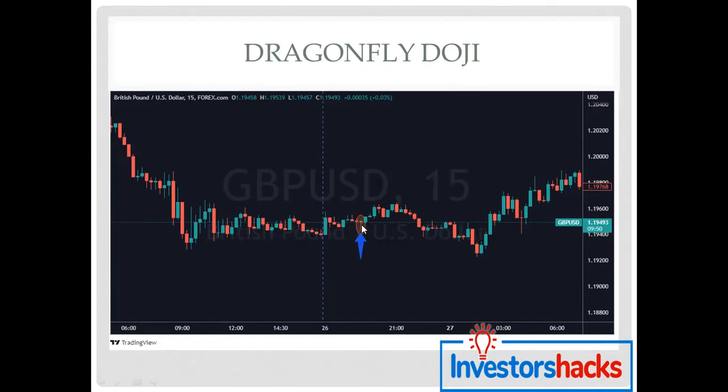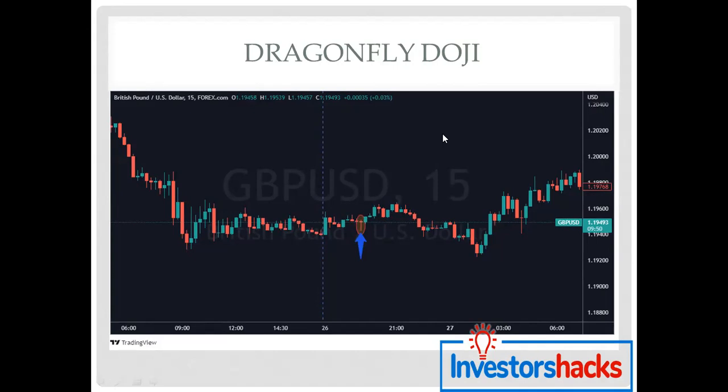Okay. So after they form, you can see the price retraced a bit, and then the price went up. So you could have your stop loss slightly below this area of support, and then you have your take profit above.